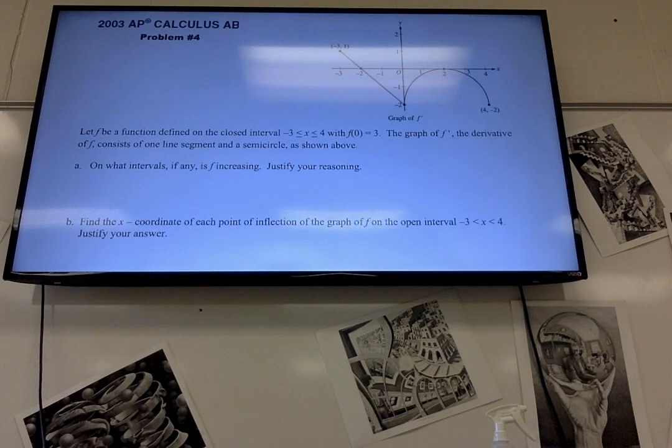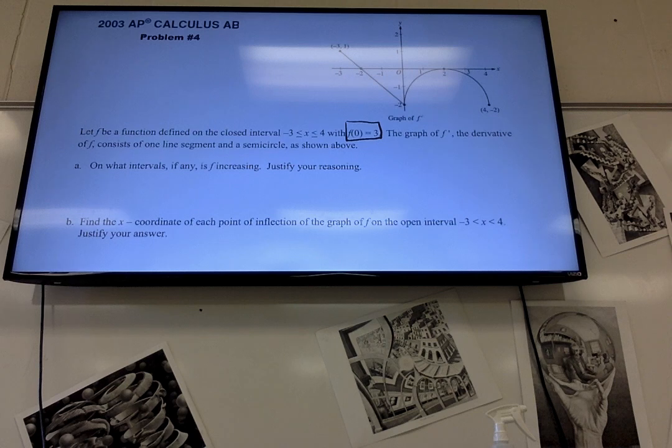All right, so on the free response question, it's a practice one, great practice. Let f be a function defined on the closed interval negative 3 to 4 with f of 0 equals 3. That's important to know. That's an initial condition.